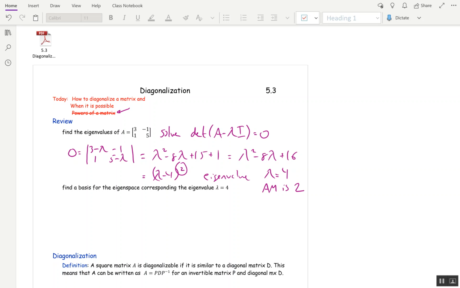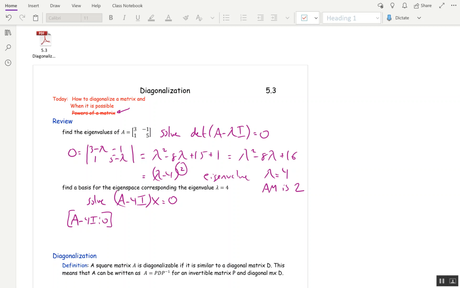Now let's find a basis for the corresponding eigenspace. So in this case, we want to solve A minus 4I times x equals 0. Now that's a matrix equation, so our answers will be vectors. And so we want to reduce A minus 4I augmented with 0. You want to show that in your work, like show what you're doing.